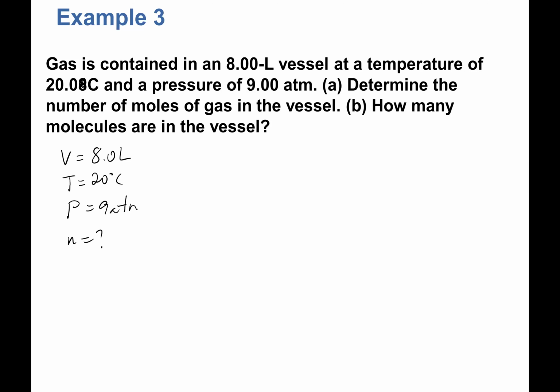It should be an easy calculation because this equation, PV equals nRT, allows us to calculate n if we have P, V, and the temperature, and R is a constant. We do have all of those, so we should be able to do this calculation.